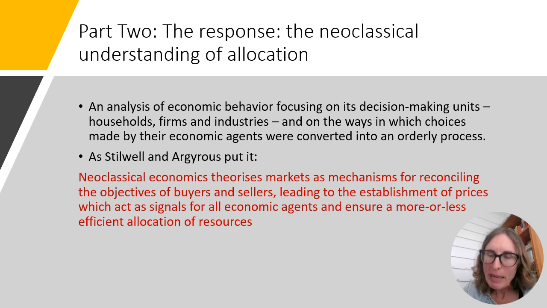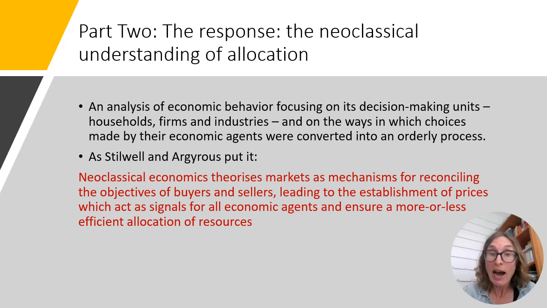So now we can turn to part 2. The response. How did the neoclassical economists, and how do they still today, understand allocation? Well, an analysis of economic behaviour. They provide an analysis of economic behaviour that focuses on its decision-making units, households, firms and industries, and on the ways in which choices made by their economic agents are converted into an orderly process.